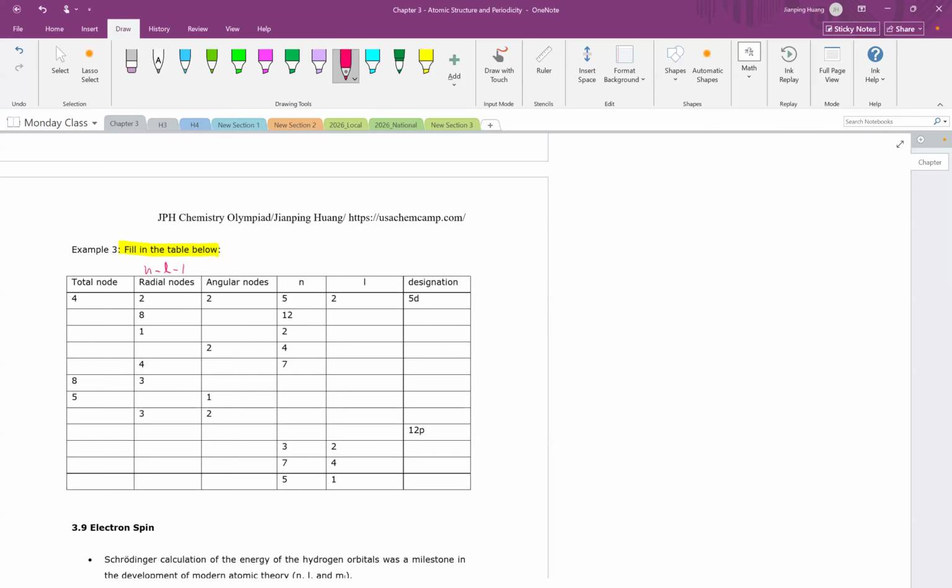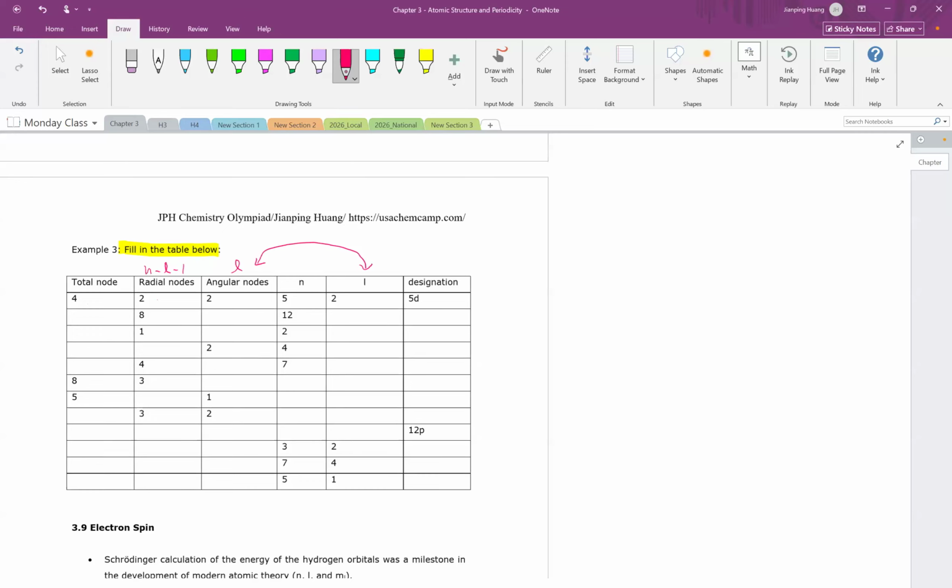Angular nodes should always be L. Look at the first one, 5D, which means n equals 5, L equals 2, so angular nodes is 2. Total nodes should be 4, so radial nodes is 4 minus 2, which is 2. That's the way to do it. You got it? It's just very simple math.